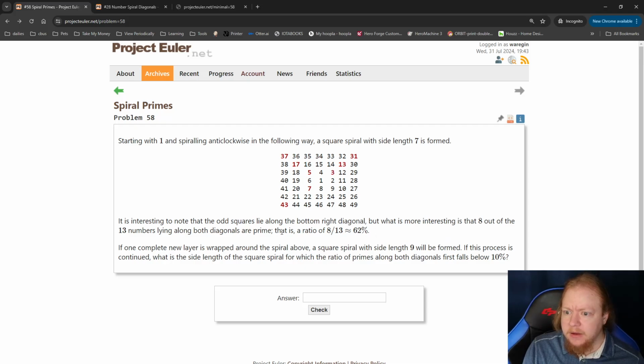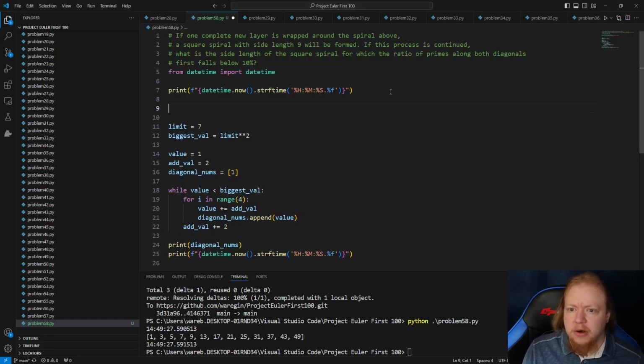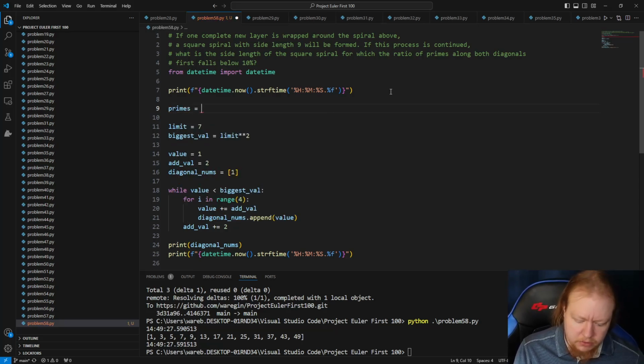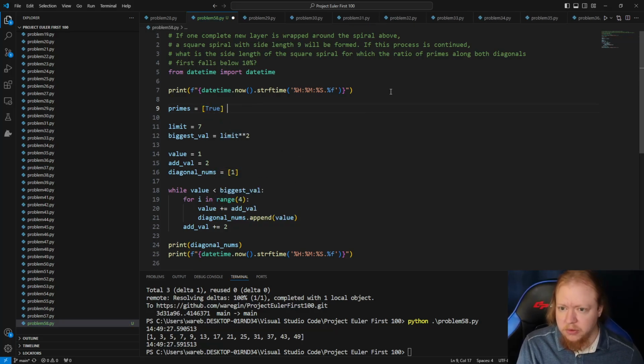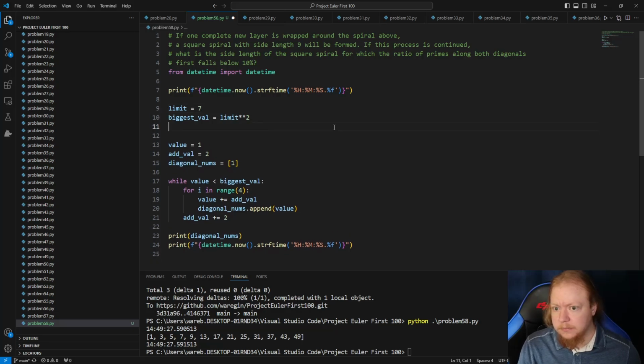And then now let's work on making our primes. So primes equals, let's see, I think it's true, and I want that to be times biggest val.